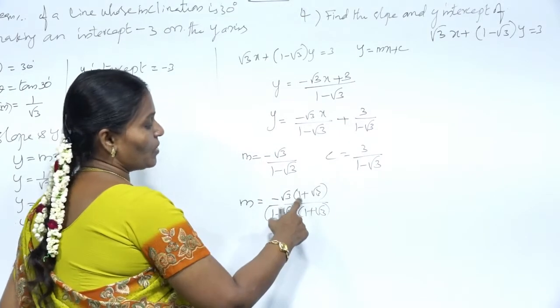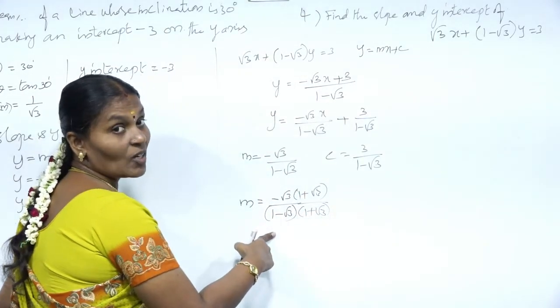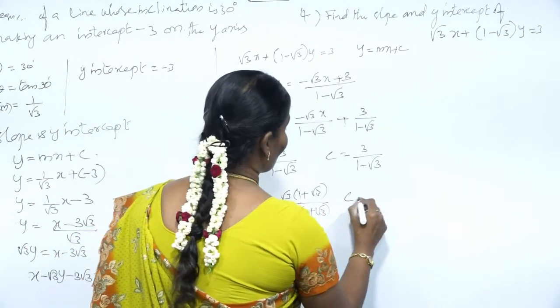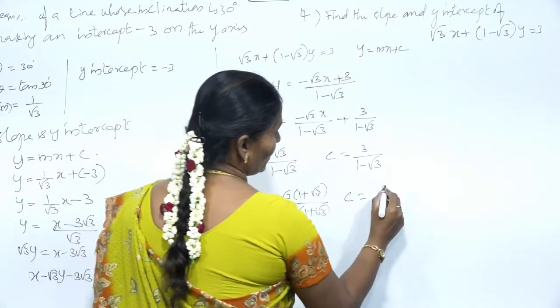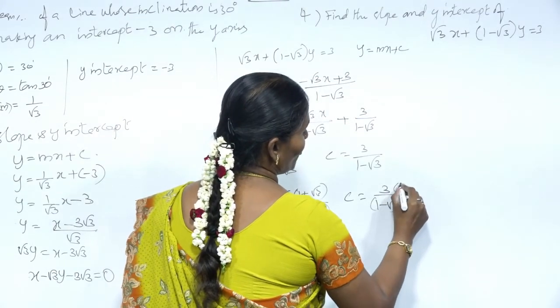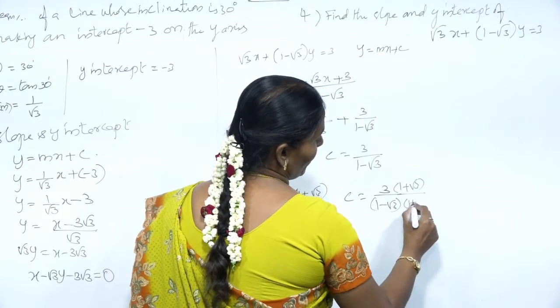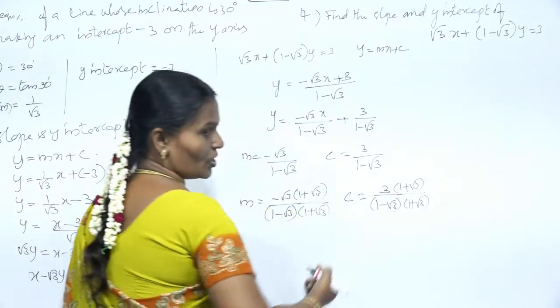This is called a conjugate multiplication. Similarly, c is 3 by 1 minus root 3, and we multiply numerator and denominator by 1 plus root 3. There is no change in the value.